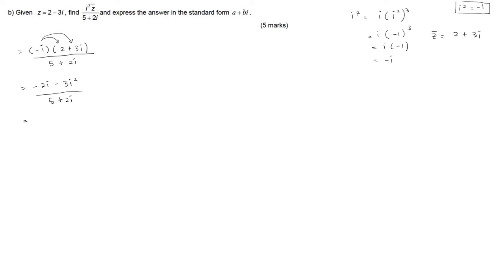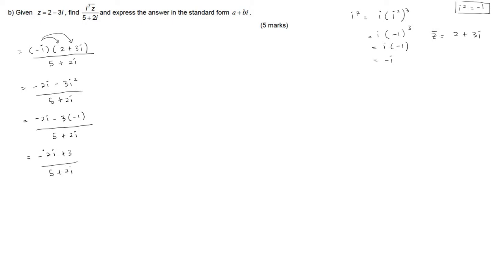And then i squared, again, is negative 1. So negative 2i minus 3 times negative 1, over 5 plus 2i. Negative 2i, minus 3 multiplied by negative 1 gives plus 3.